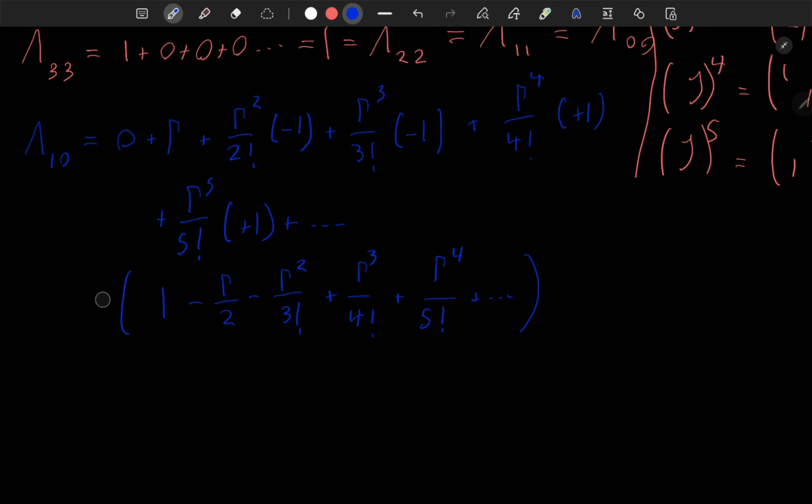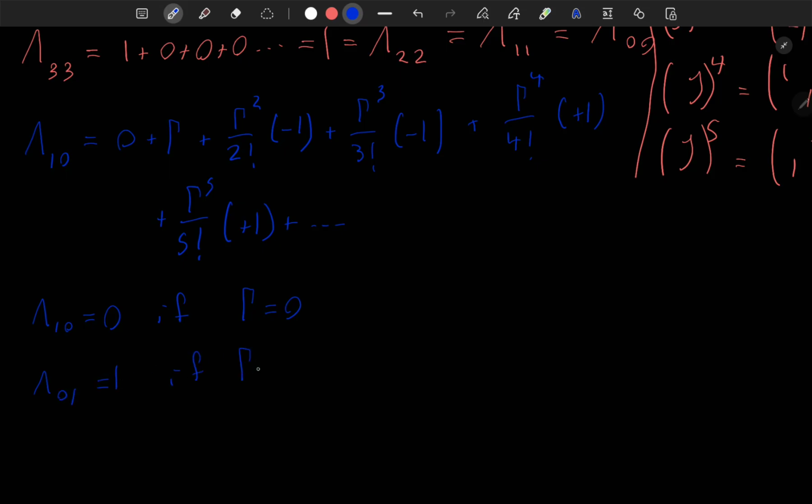I'm not going to factor out gamma. Notice that this one equals 0 if our parameter equals 0. And I bet you that this one is going to equal 1 if gamma equals 0.